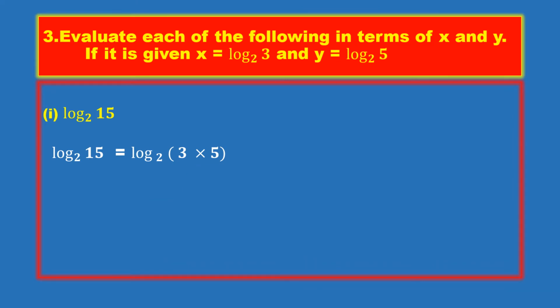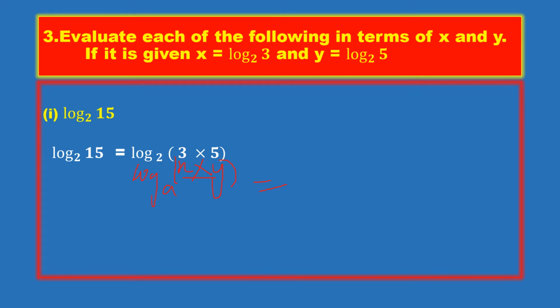Suppose you take x and y with multiplication in between, and instead of base 2 you take the base as a. So this formula is log xy base a. For the properties, please follow the link given in the description so that you can easily solve these problems.